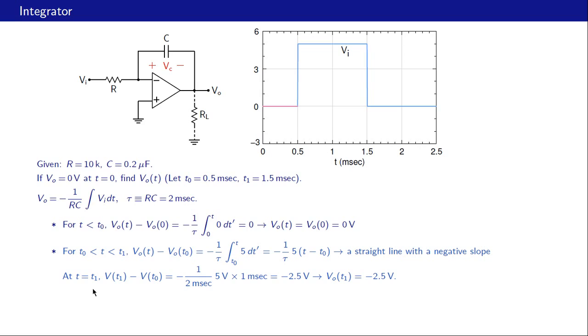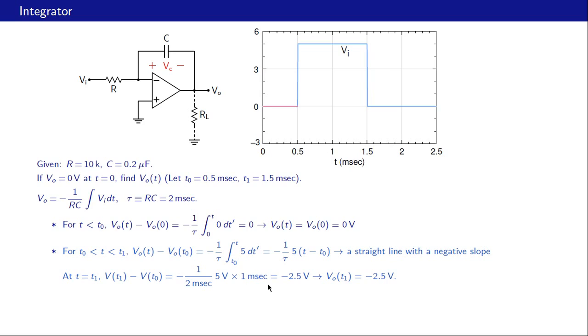At t equal to t1, all we need to do now is substitute t equal to t1 in this expression. So Vo at t1 minus Vo at t0 is equal to minus 1 over tau, tau is 2 milliseconds, times 5 volts times t minus t0, that is t1 minus t0. t1 is here, t0 is here, so t1 minus t0 is 1 millisecond.